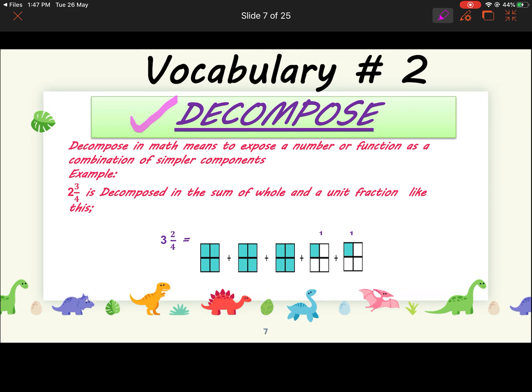Example, 2 whole 3/4 is decomposed in a sum of wholes and a unit fraction like this. 3 whole 2/4 is equal to what? 1 plus 1 plus 1 plus 1/4 plus 1/4, which becomes 2/4. So we can decompose 3 whole 2/4 like that. You can see the fraction models in a sum of wholes and a unit fraction.